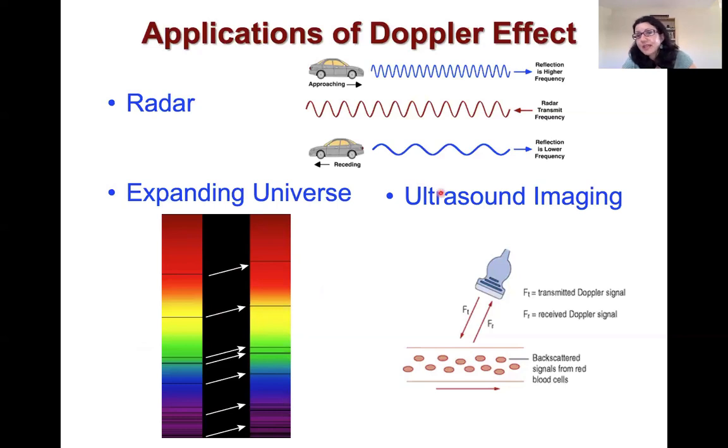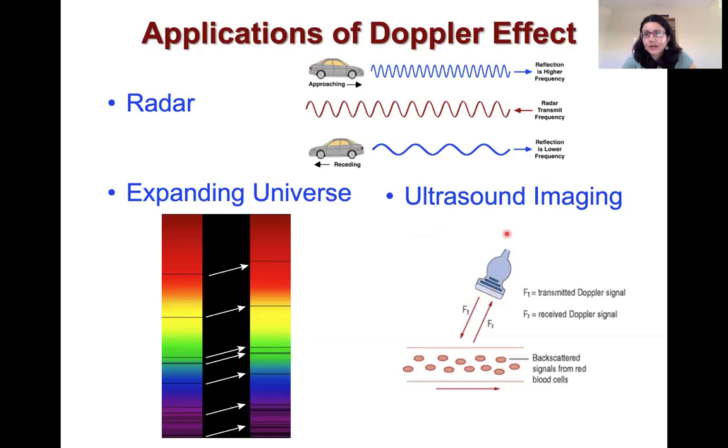So there's also an application in biology, and specifically ultrasound imaging. The Doppler effect, for these same kinds of arguments that are used in radar and explaining the expansion of the universe, is used to calculate the speed of blood flow. So the same way as the radar gun was shooting wavelengths at a car and then picking up the reflected wave, which told us how fast it was moving, an ultrasound emits sound waves.